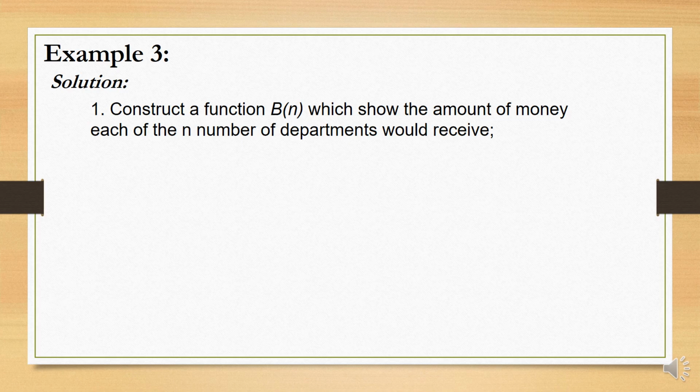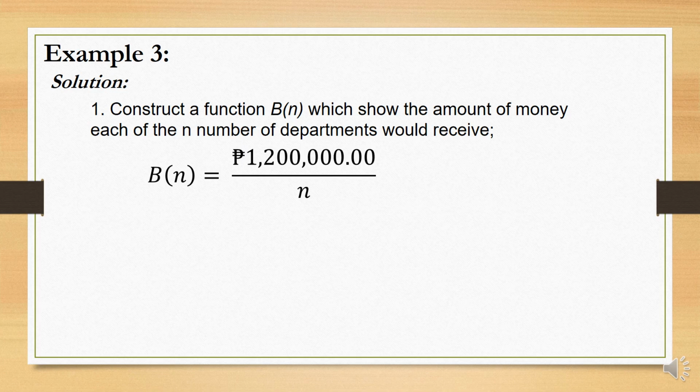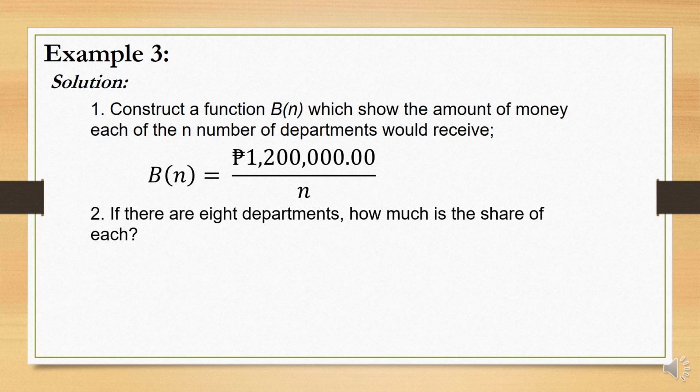Let us now construct a function b of n. b of n is equal to 1,200,000 pesos divided by n, which is the number of departments. Number 2, if there are 8 departments, how much is the share of each?